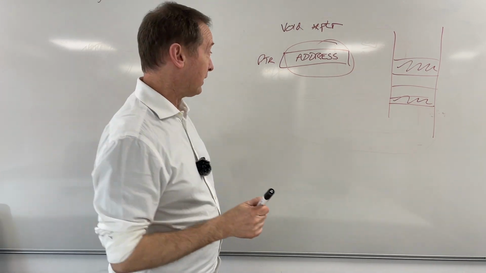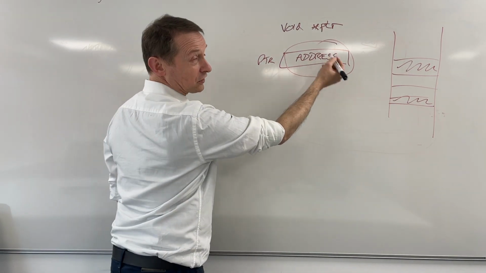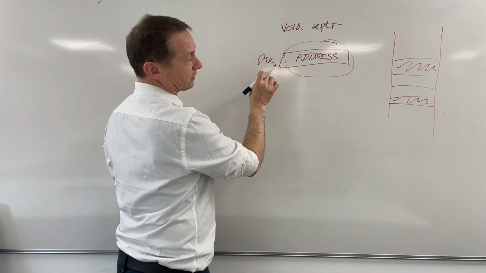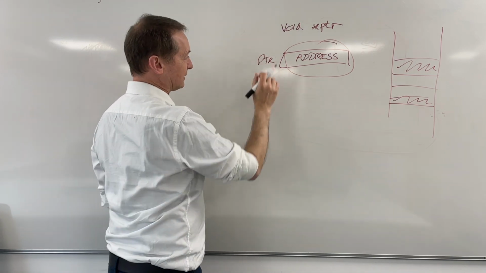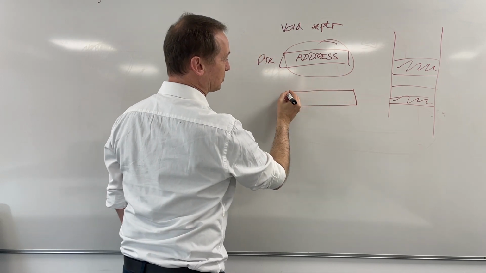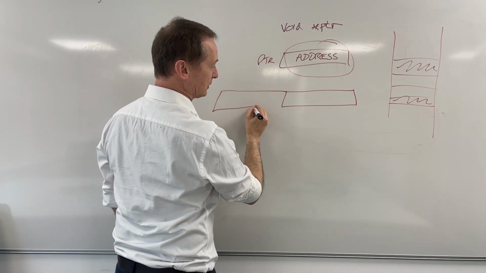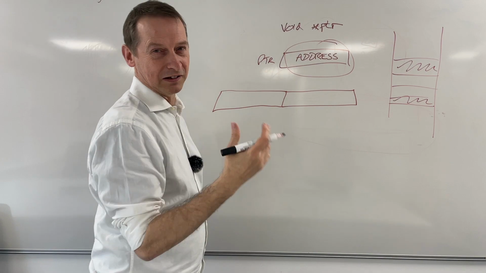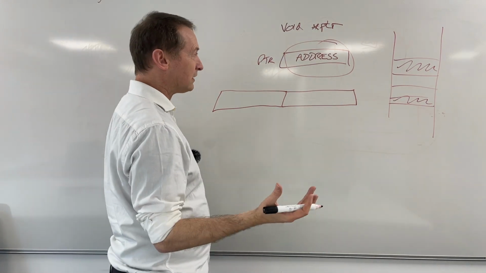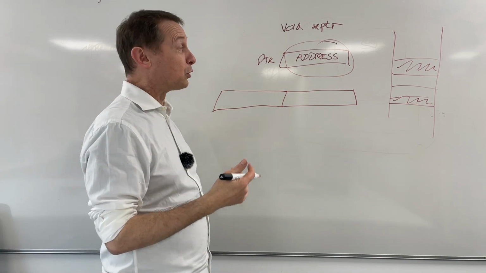Now, CHERI, on the other hand, doesn't just have an address for a pointer. CHERI represents pointers as something which we call capabilities. There's a long history of capabilities in security, but it's effectively an unforgeable token.